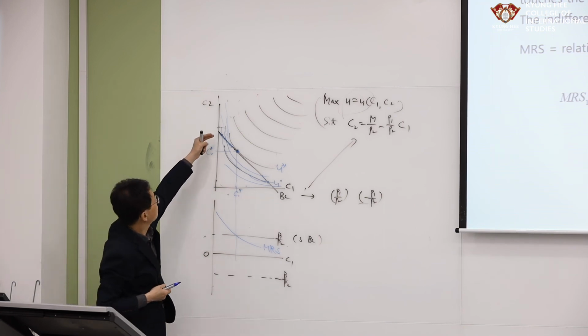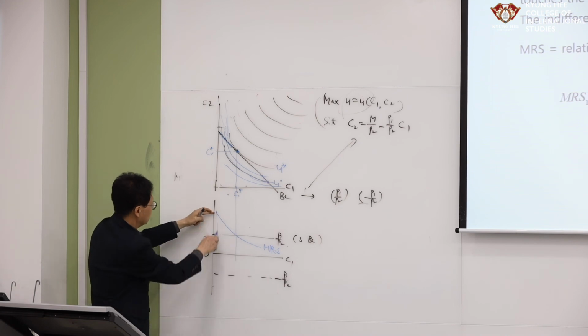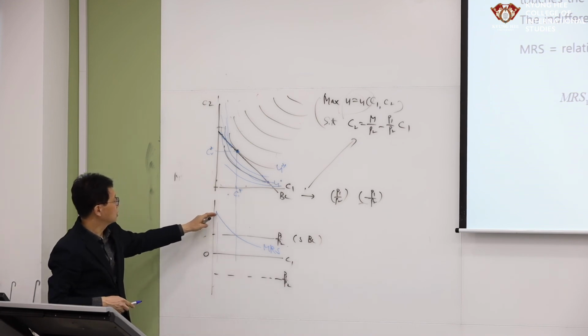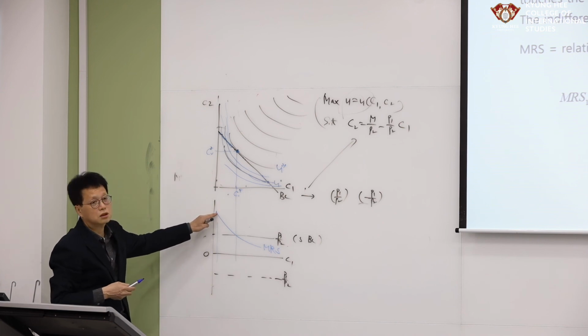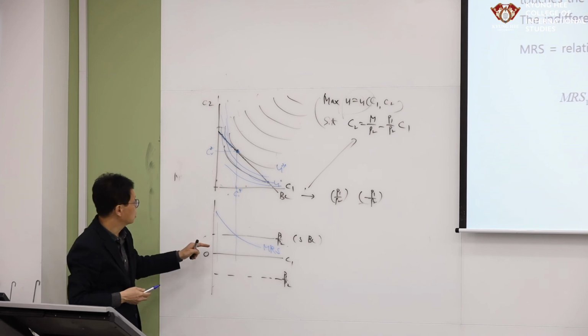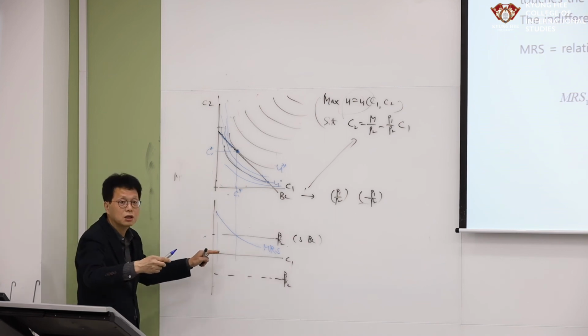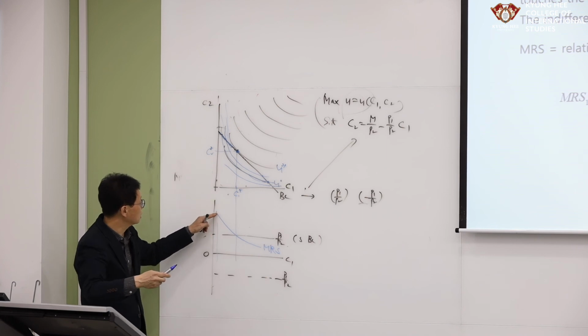If you are here, you have just one pizza. Now you have no pizza and 10 hamburgers. You consume one more pizza and fewer hamburgers. Your utility is here.